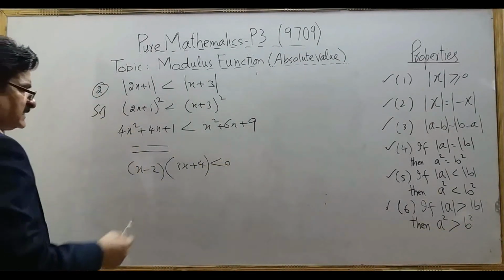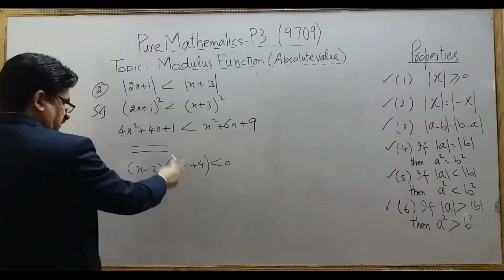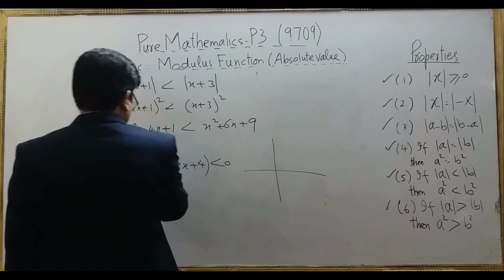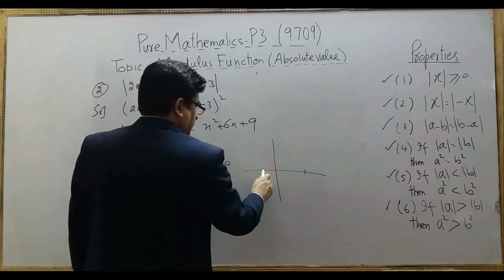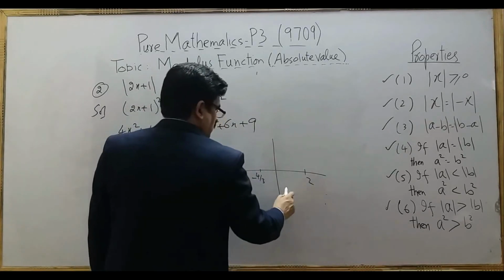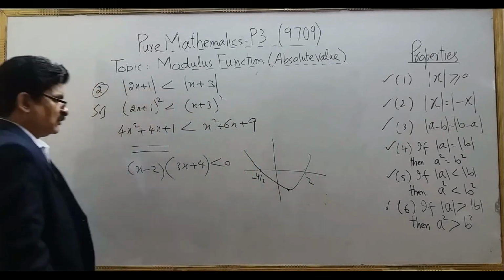You have learned in AS Pure Mathematics P1 how to solve this quadratic inequality by graph, or you have critical values: 2, and then here you have critical value minus 4 by 3. This is minus 4 by 3 and this is 2. If you sketch a graph of it, it will be a quadratic graph, a parabolic graph.